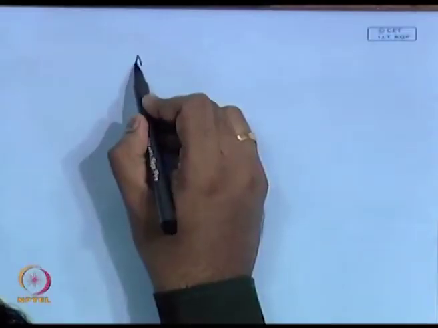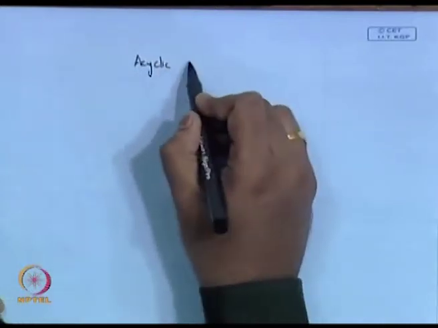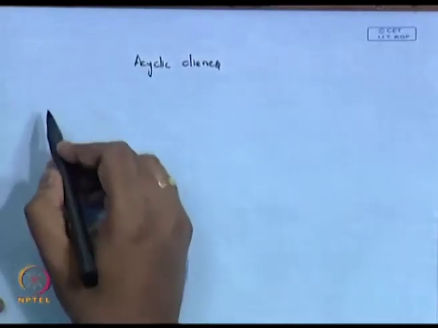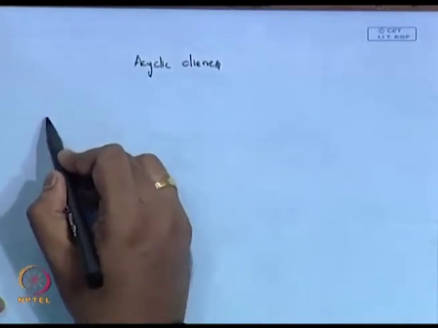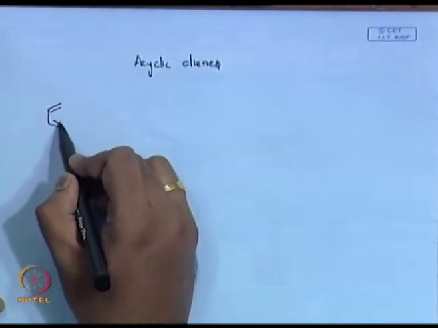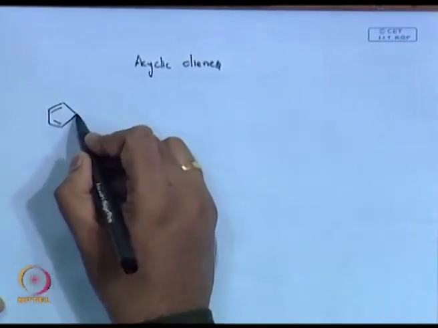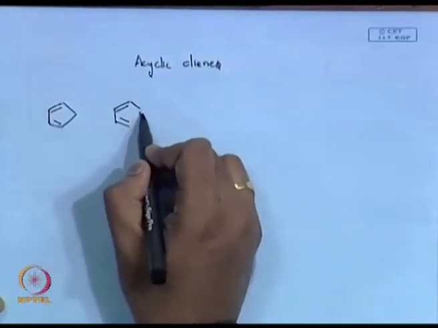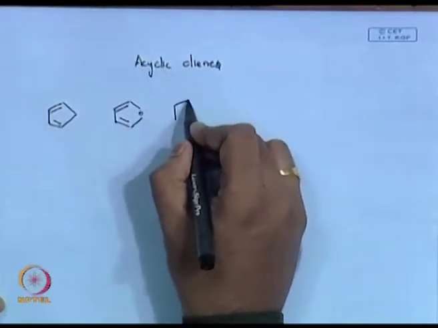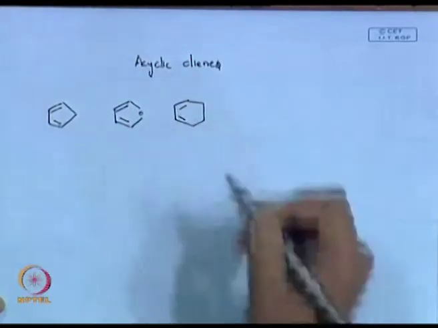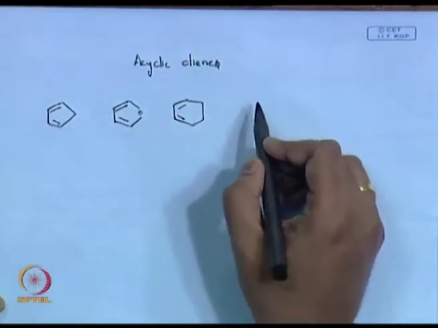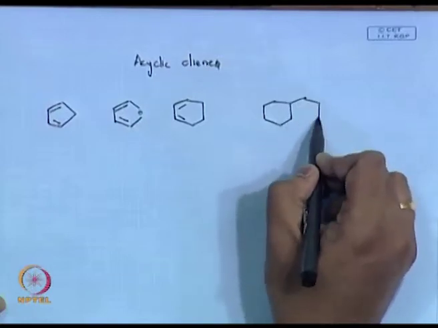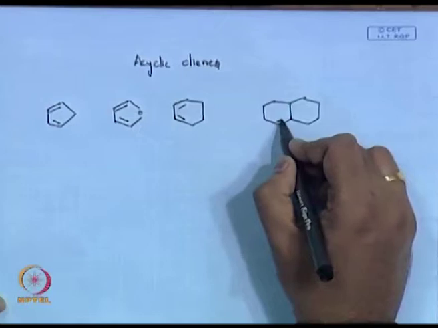for example, if I take cyclic dienes, we will take two cases. We have cyclopentadiene, furan, or cyclohexadiene, that is one type, and another class we can talk about is this type of decalin system.